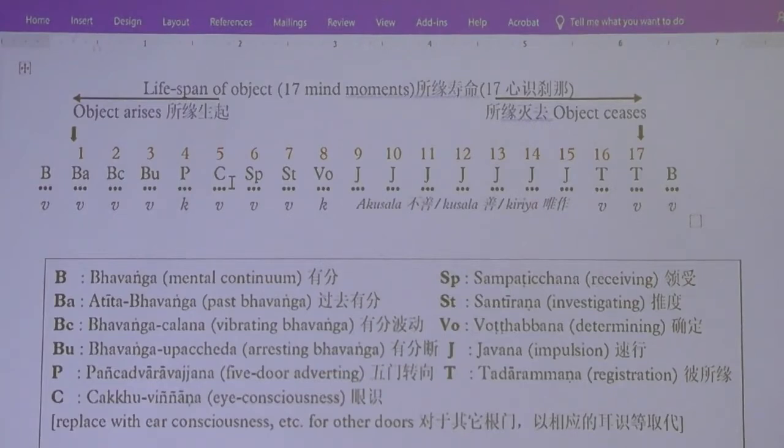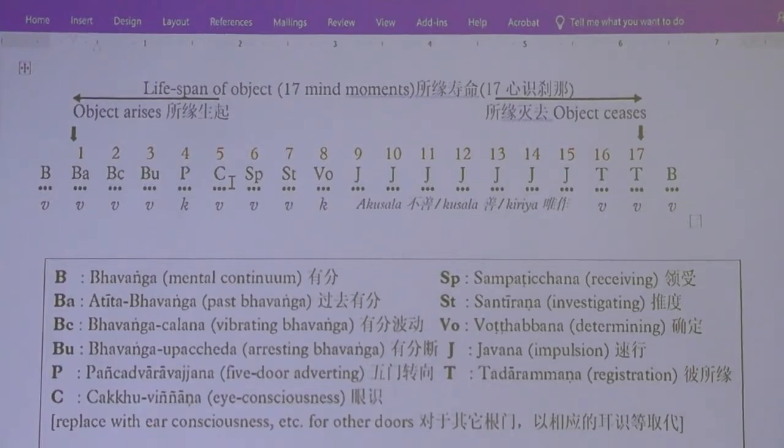Now for example, you are reading a book or you are meditating. Someone is going, coming, but your attention is only on looking at the book or reading the book. You are focused in the meditation. Someone is going, coming, but you don't want to see. At that time, the five-door adverting consciousness does not arise.